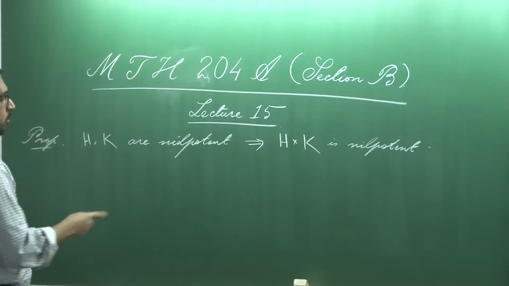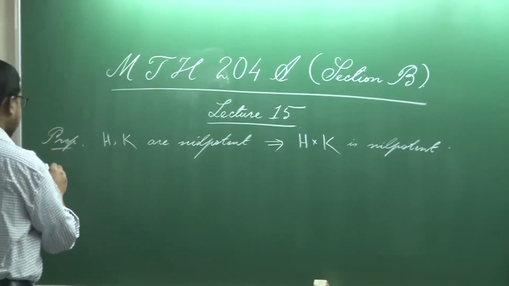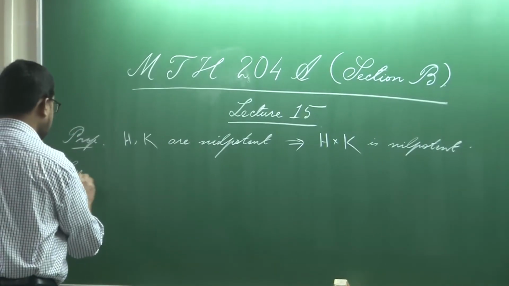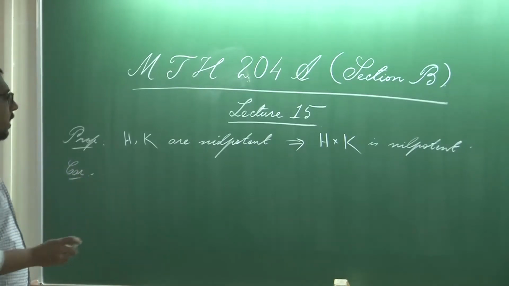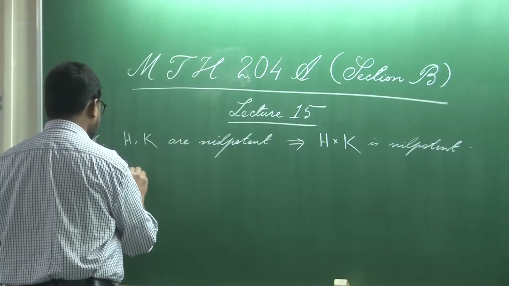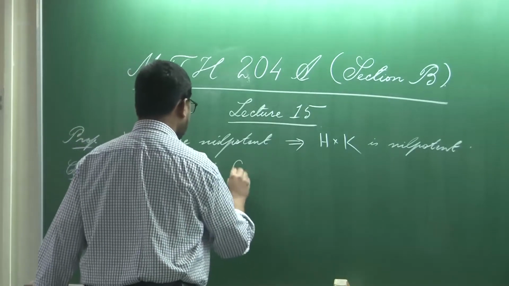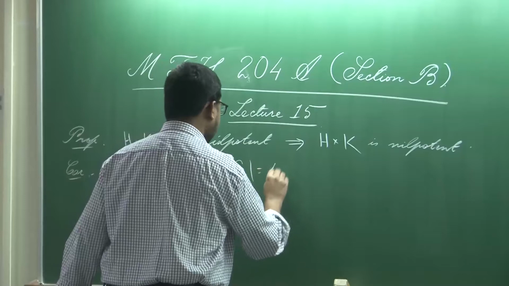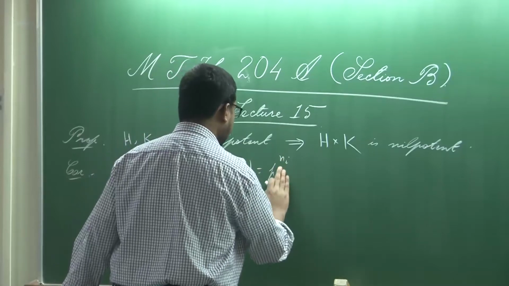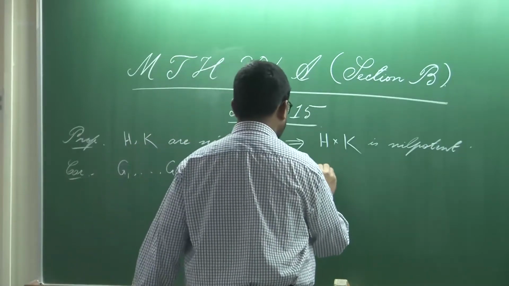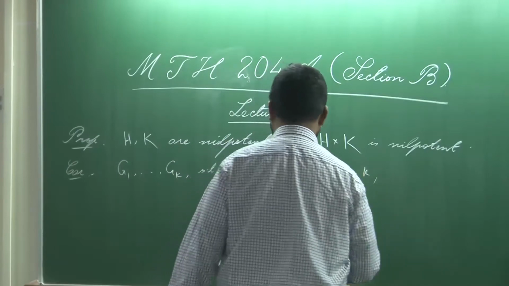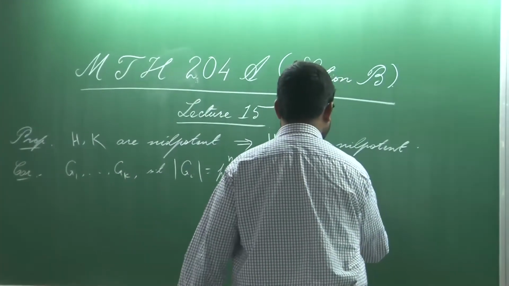And as a corollary, before we prove it, let me just immediately deduce the corollary from this. Proof: suppose we are given G1 up to Gk such that the order of Gi is pi to the power ni for all i from 1 up to k, and each pi is prime.